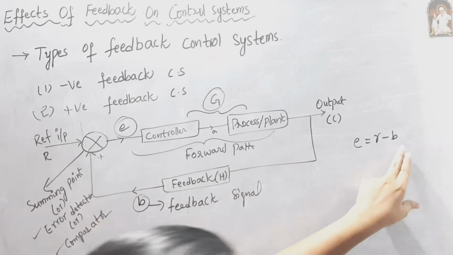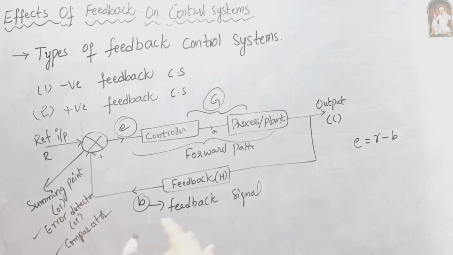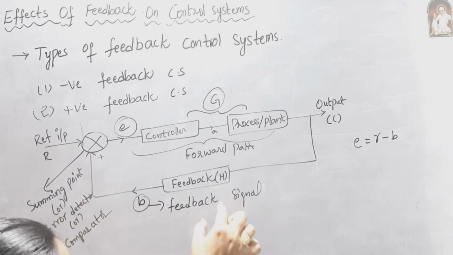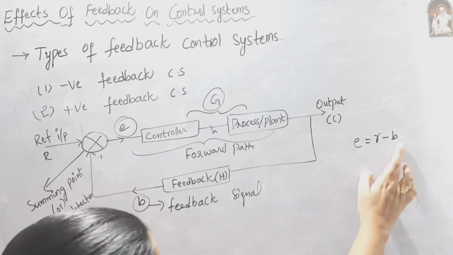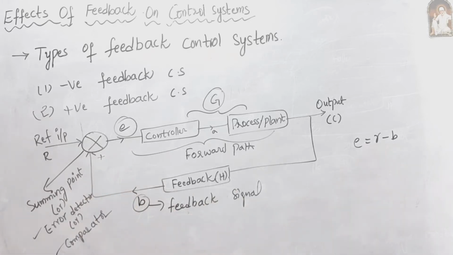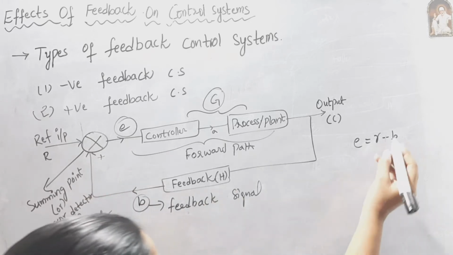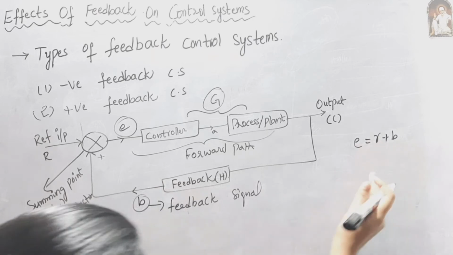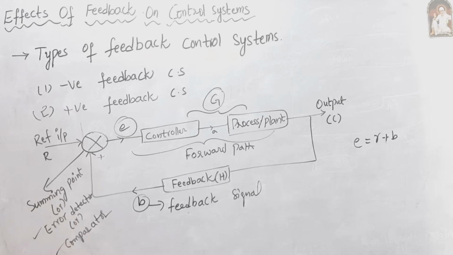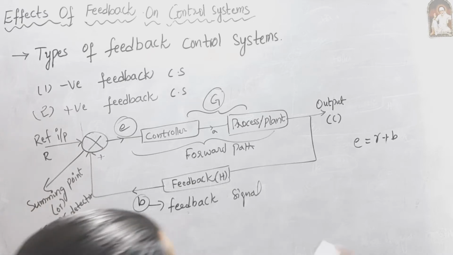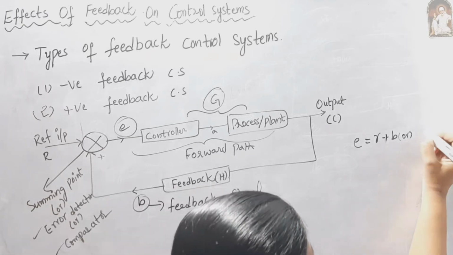I am writing B as the feedback signal because the feedback path is sending the feedback signal to the comparator. Sorry, this is positive. For a positive feedback control system, the comparator acts as an adder, so input plus feedback signal, or otherwise output.